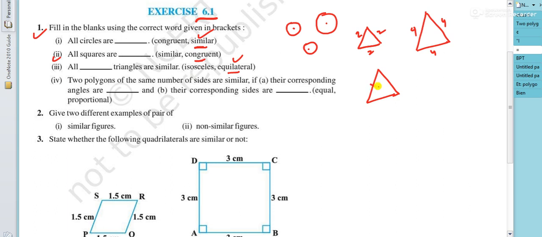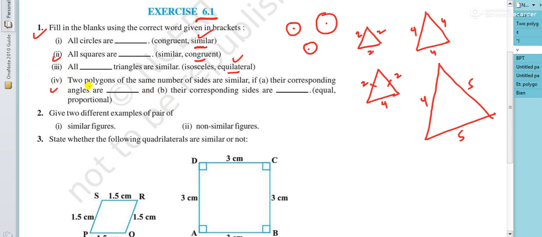If this is 2, this is 2, this is 4, and another one where these two are equal, 4, 5, and this is 5, can we call them similar? No, they cannot be called similar. Got it? Only equilateral triangles are similar, not isosceles.